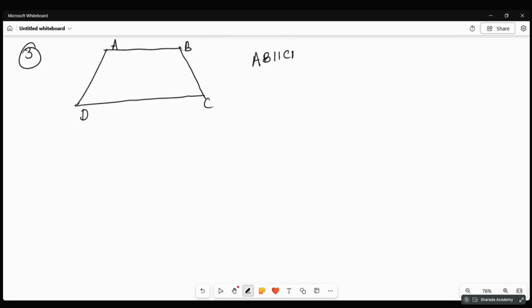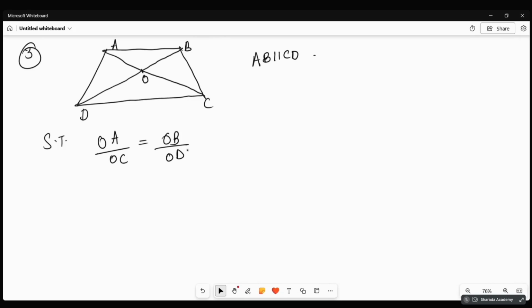AB is parallel to CD here. And diagonals AC and BD, they intersect at point O. Okay. So using the similarity criterion for two triangles, show that OA by OC is equal to OB by OD.